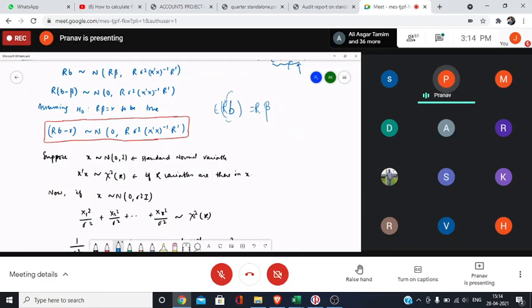So RB has a mean which is your R beta, and the other parameter that I require in order to draw inferences is your variance of RB. So variance of RB हमने calculate किया था, and that came out to be R sigma square X transpose X का inverse multiplied by R transpose.